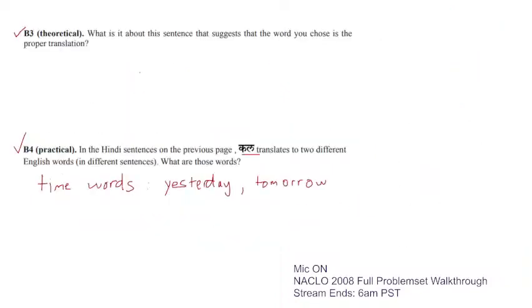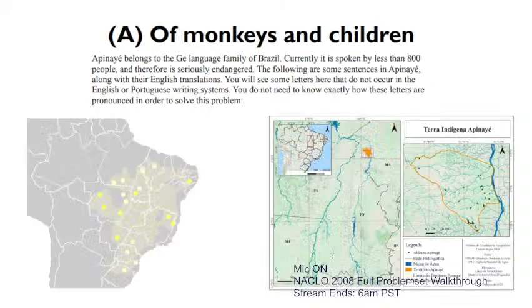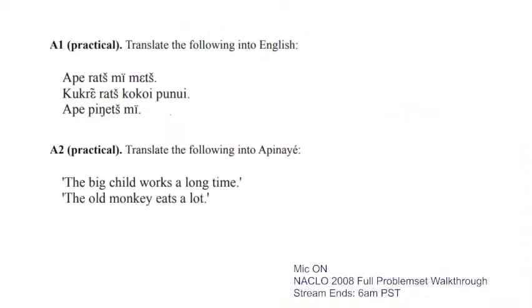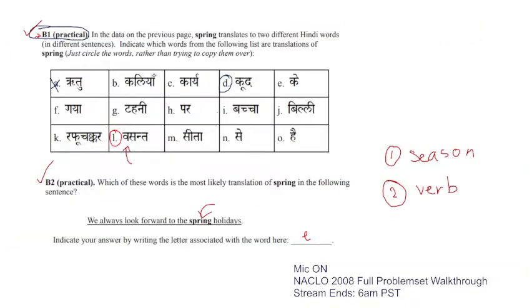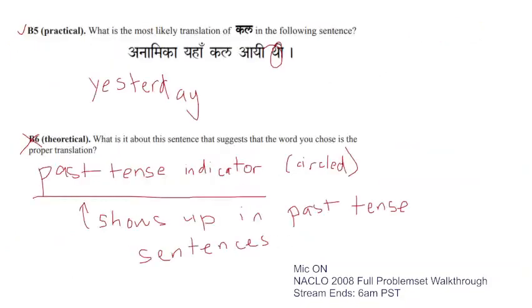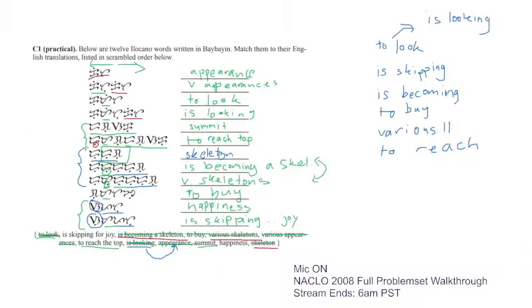Okay, wait, let me just double check this. So, of monkey, I didn't put the point value, but I think it would be about 10 points. This is 20. This one was harder, most definitely. But it was pretty nice. It was like forgiving. This one is much harder for me, personally.